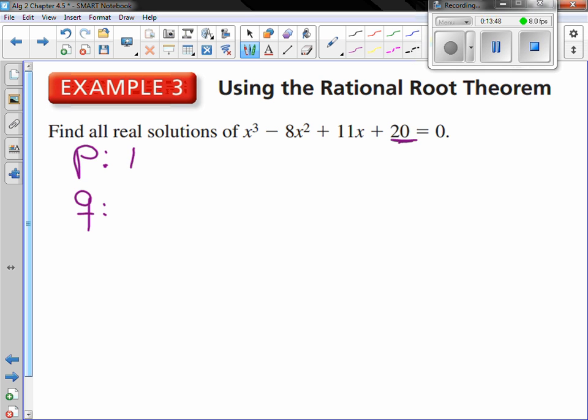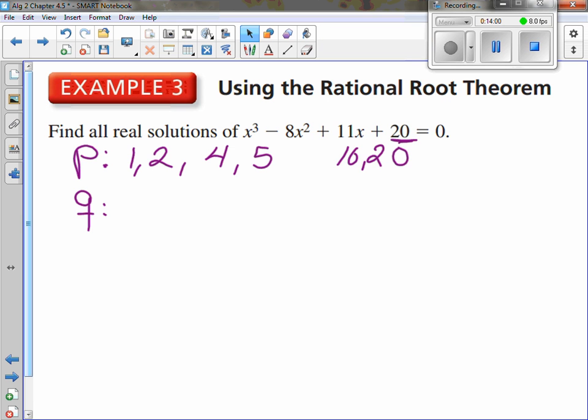The factors of 20 would be 1 and 20, then 2 and 10, 3 is not a factor, then 4 and 5. So these are all the factors of the constant term, the factors of 20, yes?